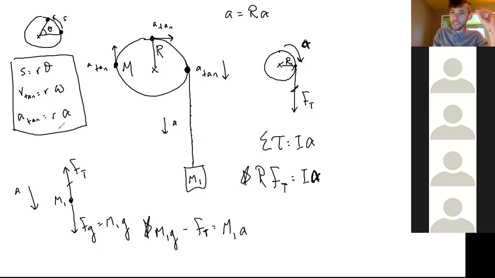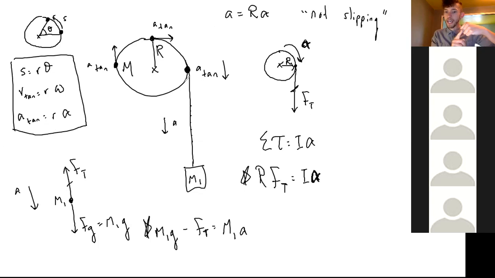And the key realization in problems like this, we'll talk more about this later. In fact, I'm going to post a video later today for you all to watch tomorrow. This is only true if we say the object is not slipping. So in other words, as the rope unspools, the pulley turns and the rope is accelerating, and they're doing that together.